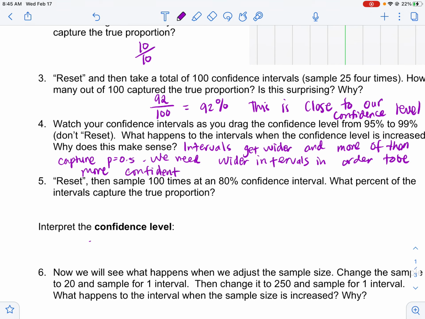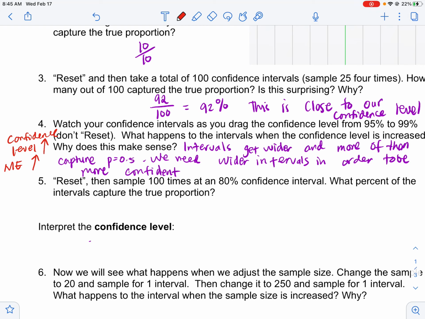Okay? So let me put a note over here. When the confidence level goes up, the margin of error will also go up because the confidence interval, like the line or the segment, goes wider.